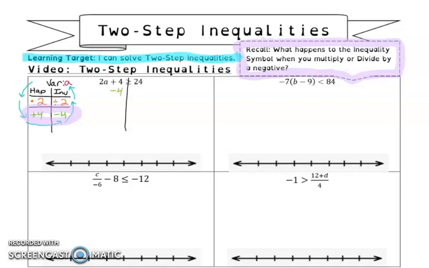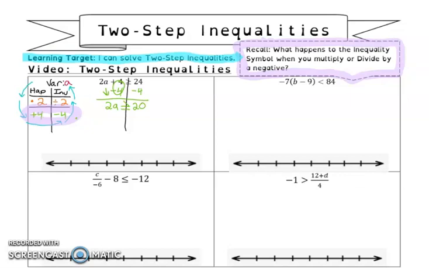But we also know that what we do on one side of our inequality symbol, we need to do on the other side. 4 minus 4, we get a big ol' 0. We can bring down that 2a. And then 24 minus 4 is just 20. And we're going to bring down that inequality symbol exactly how it is. We're done with those 4s.